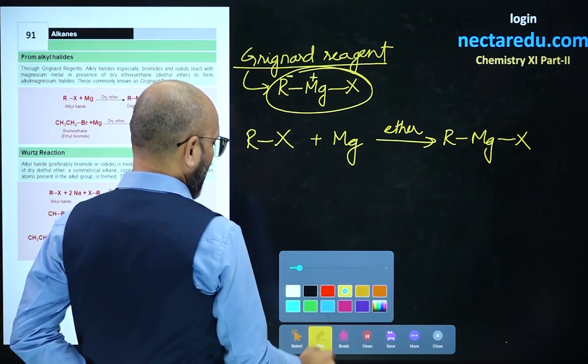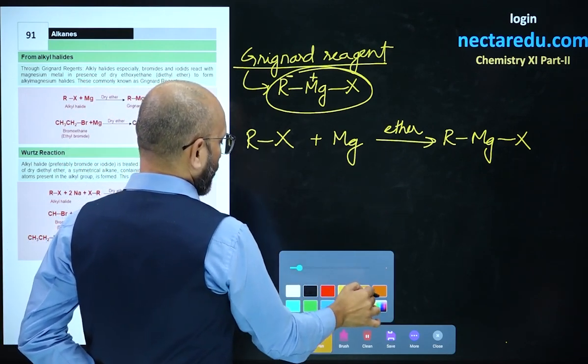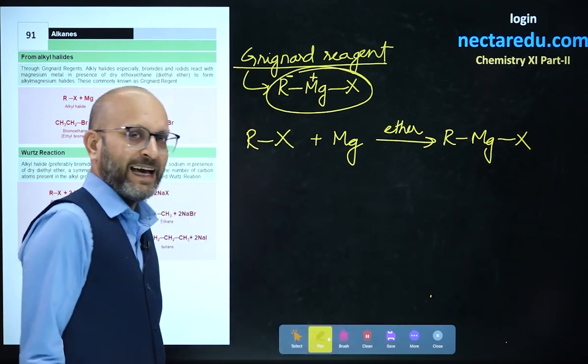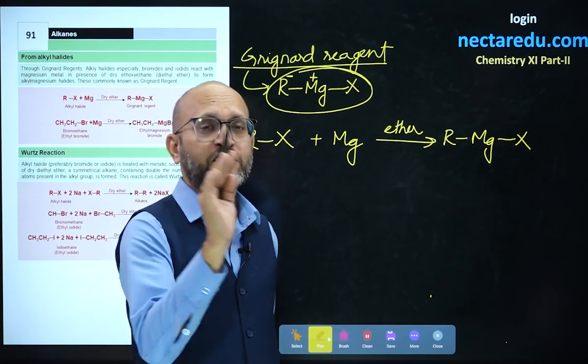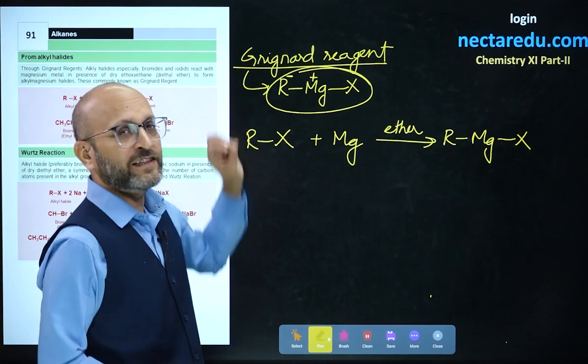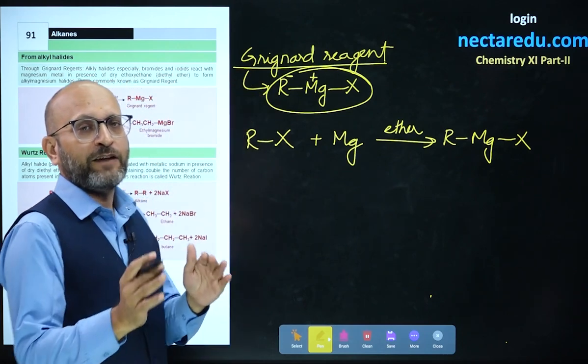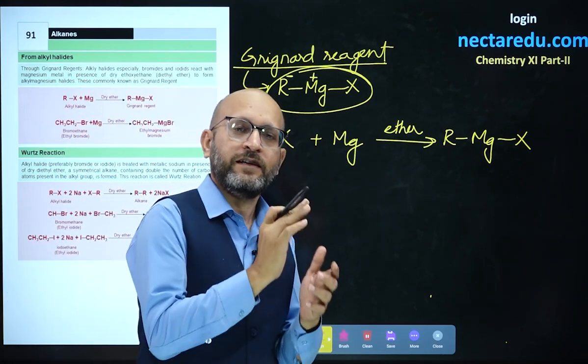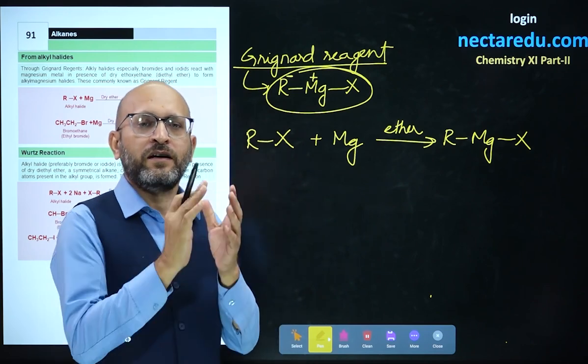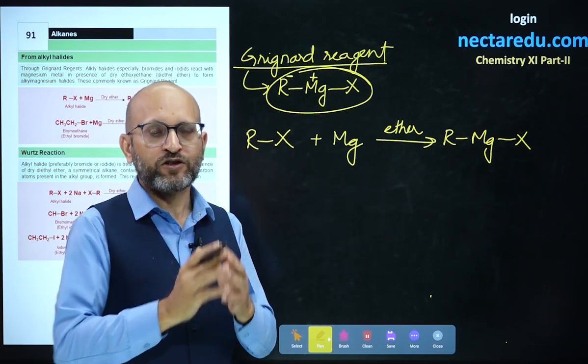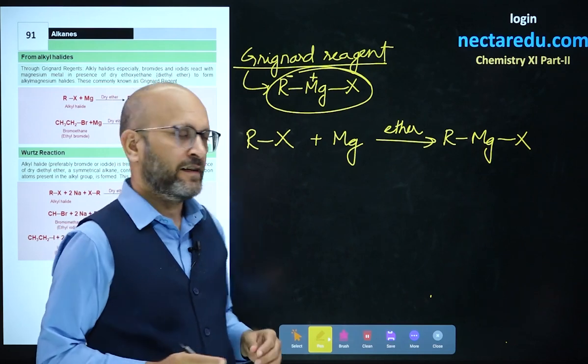Now, when we have any proton donor, any species which can give us H plus, then you have R minus in the Grignard reagent, and we get H plus from species such as water, alcohols, carboxylic acid, and we get alkane.